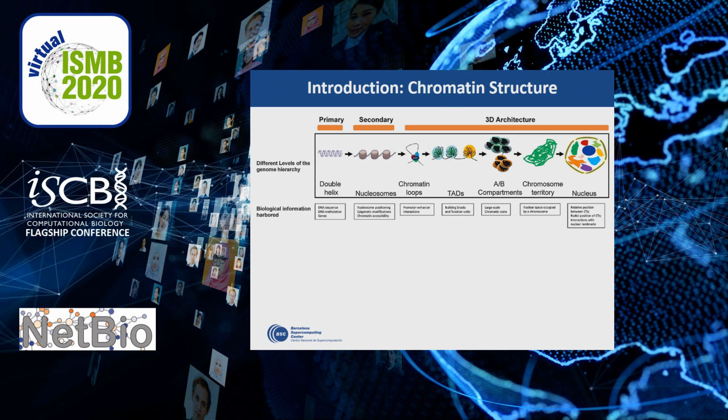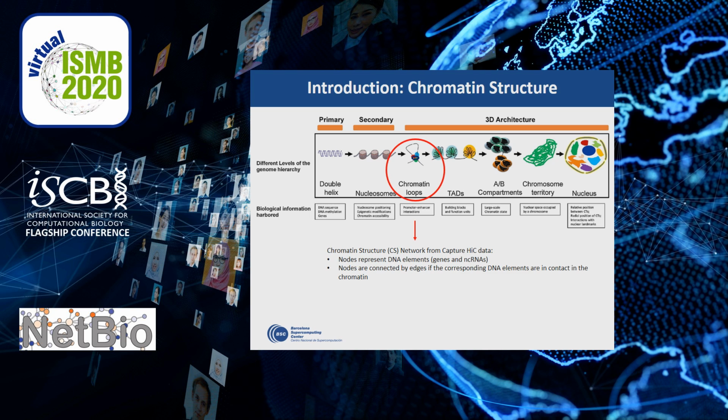So, as you know, the genetic information is stored on DNA molecules. However, these molecules are not simply floating around in the nucleus. The DNA, in fact, binds to several molecules, forming so-called chromatin, and this chromatin folds and acquires a very specific 3D architecture, which is known to relate to the regulation and expression of genes.